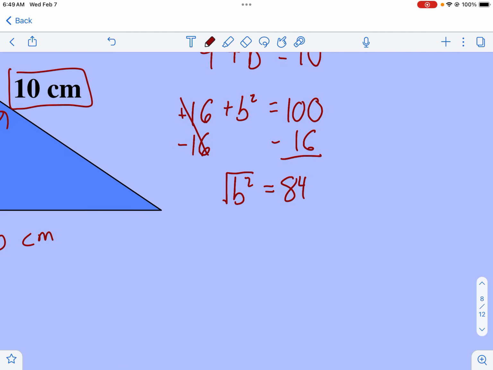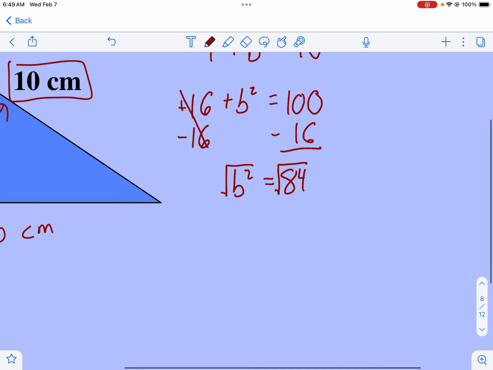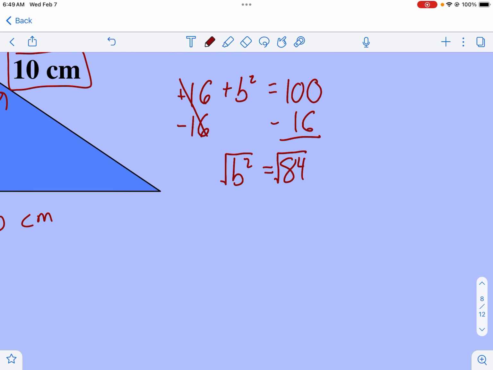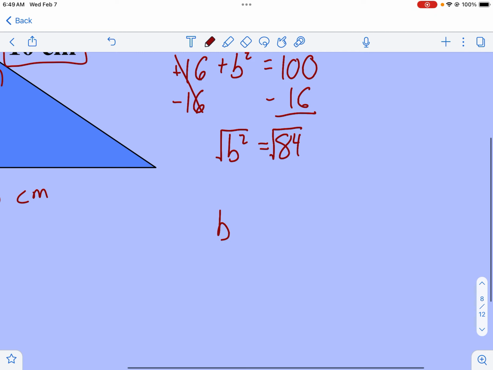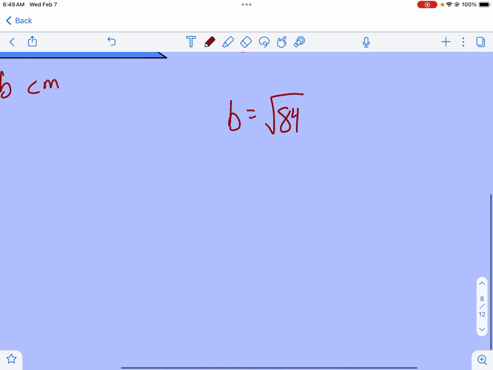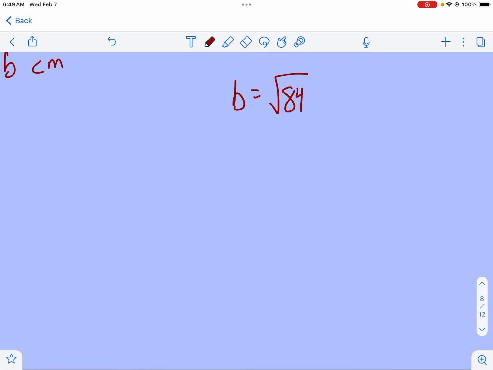And then I take the square roots of both of those sides. And I get b is equal to the square root of 84. And then I ask myself, can that be simplified any further is the big question, right? I'm going to write down my perfect squares: 1, 4, 9, 16, 25, 36, 7 is 49.